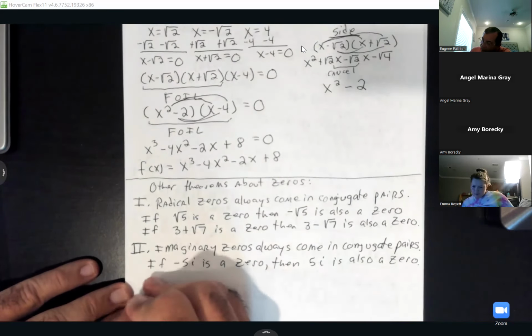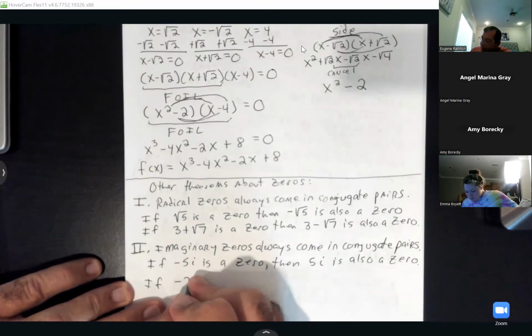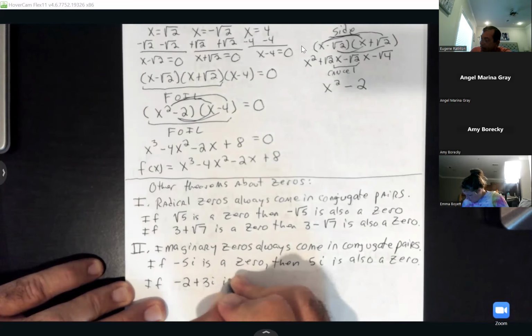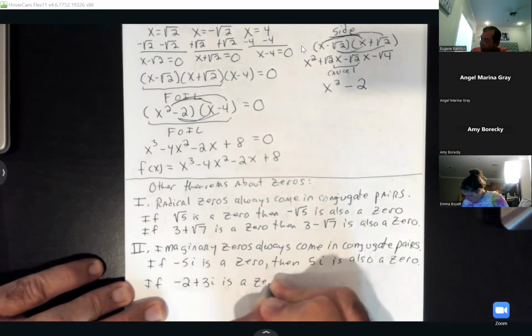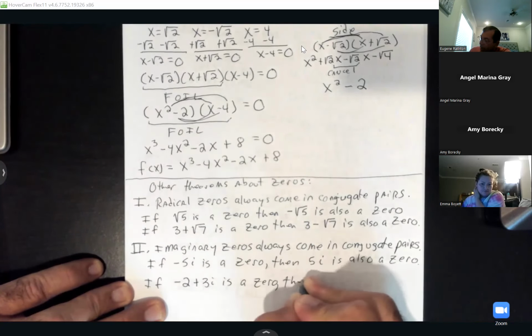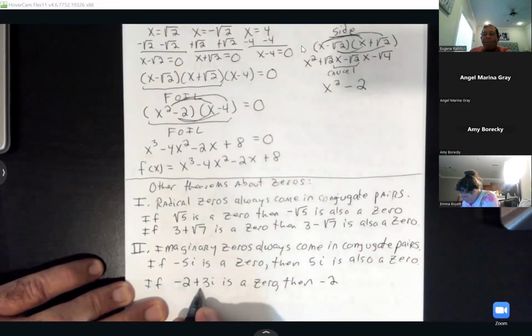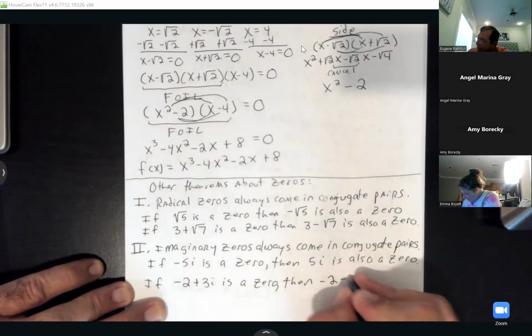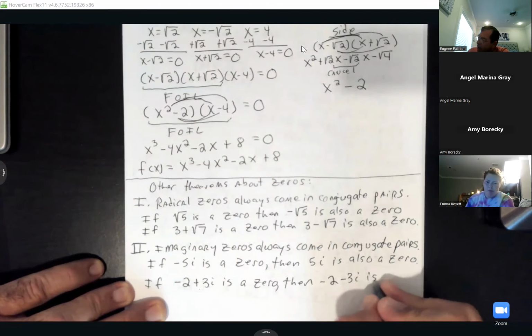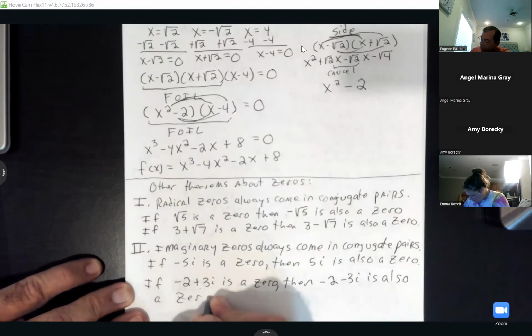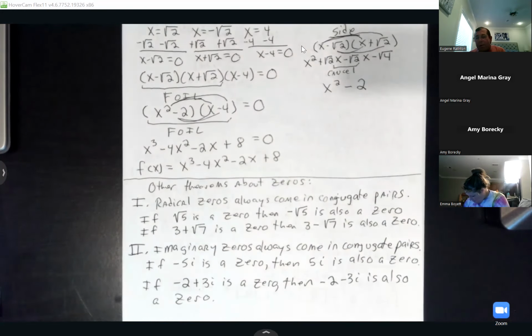Also, if something like negative 2 plus 3i is a 0, then negative 2 minus 3i is also a 0. So you got to remember that now.